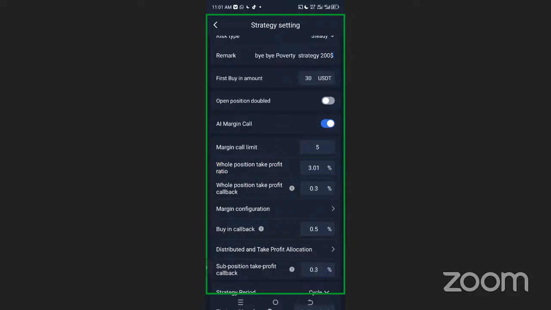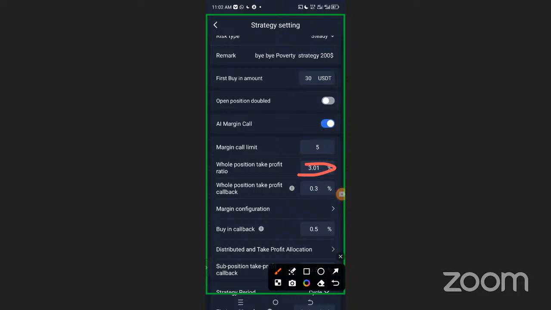I'm going to make 3.01. And the amount of profit made depends on the money that you have invested in the coin, or the money the robot has invested in the coin.